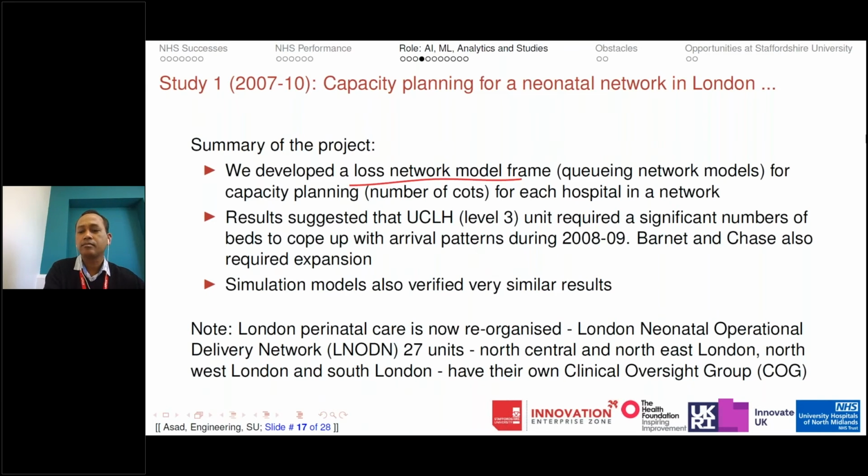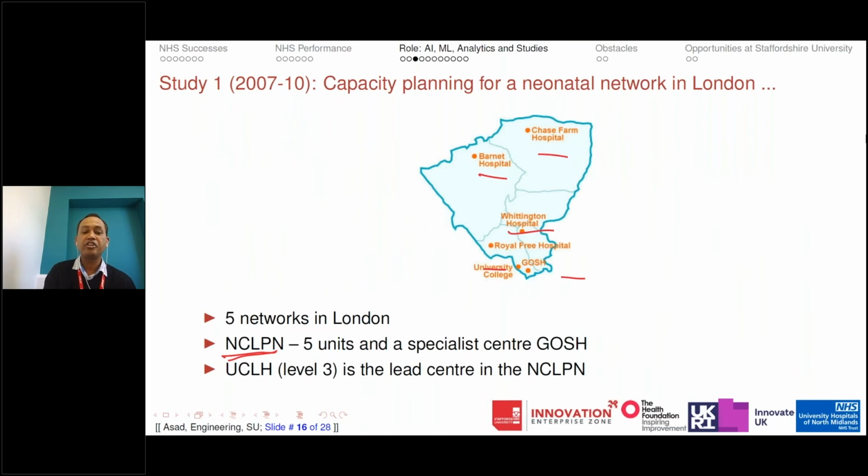We came to the conclusion that UCLH, which was the only level 3 unit within the network, required a significant increase in beds. Other units also required expansion, and we specified exactly how many beds they need to keep to achieve their 95% target.